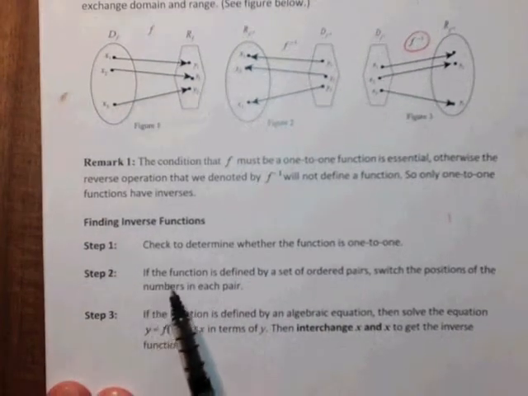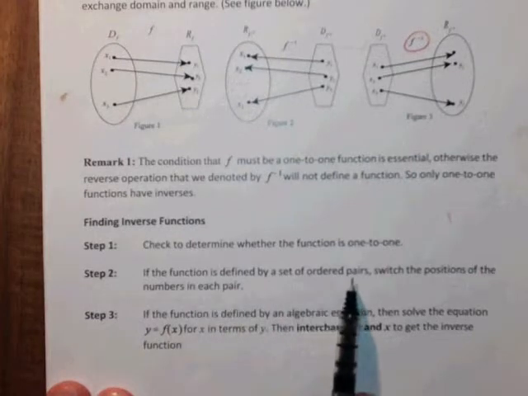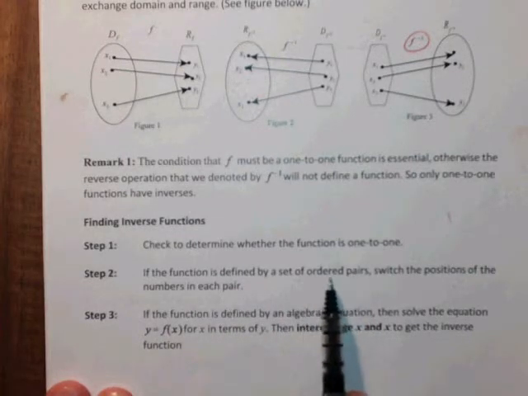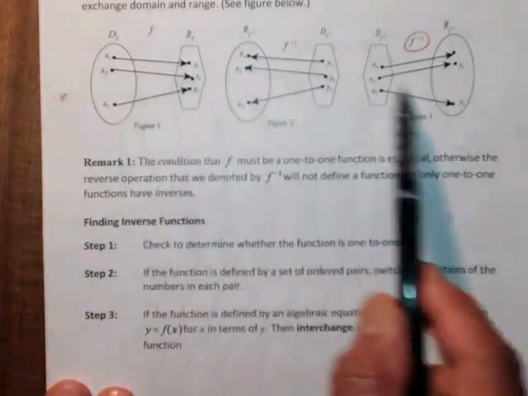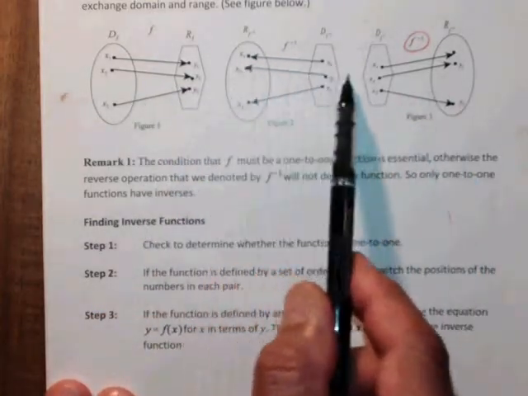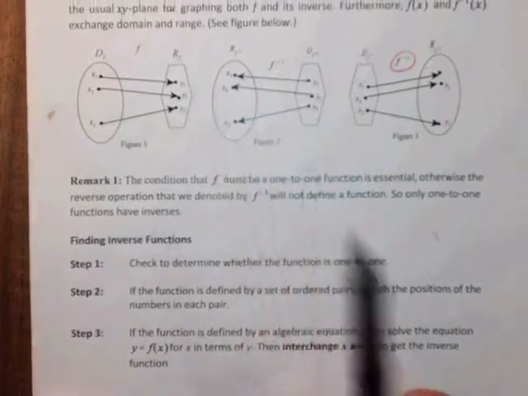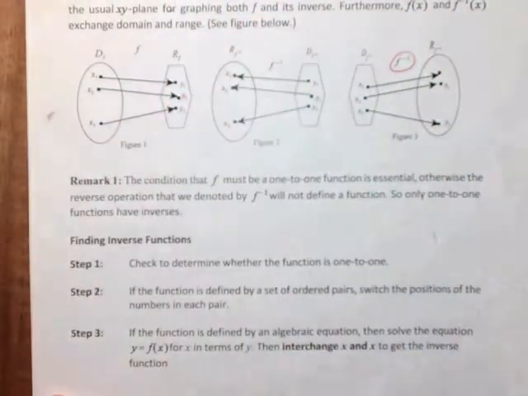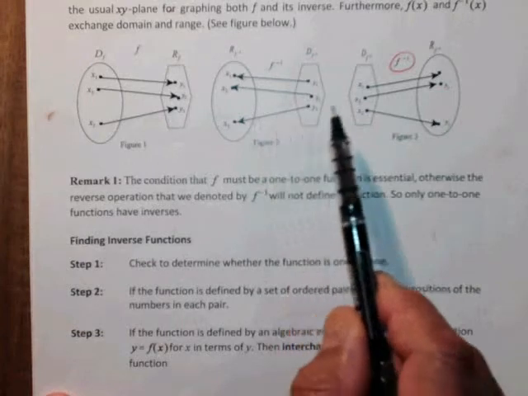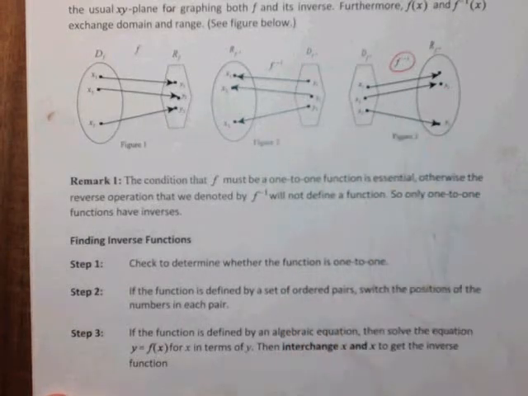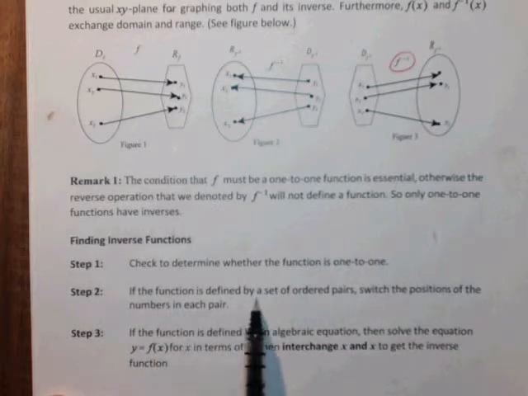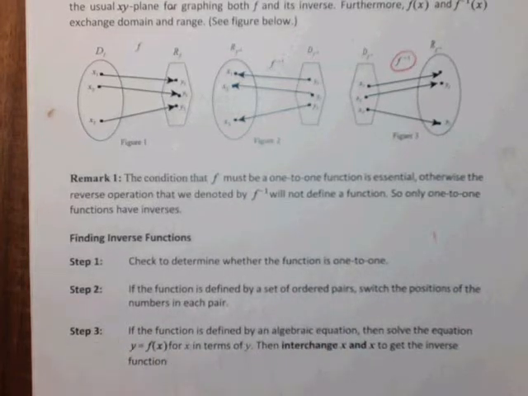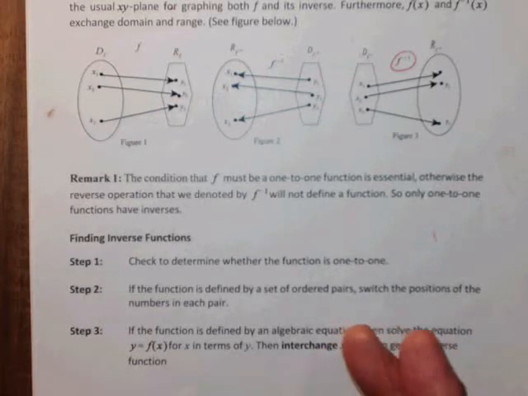If the function is defined by a set of ordered pairs or a diagram like this, then for a diagram you just reverse the arrows, flip it over, change x to y, y to x, and you get the inverse function, just like this one. If the function is given by a set of ordered pairs, then switch the position of the numbers in each pair.